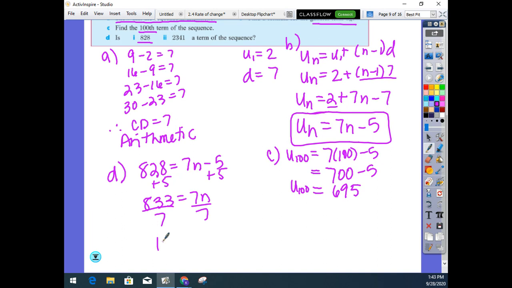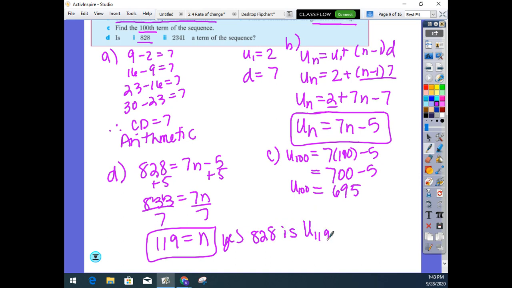It has to be a positive integer. 119 equals n. So yes, we would say 828 is u sub 119. So this has to be a counting number that you can actually use. All right.